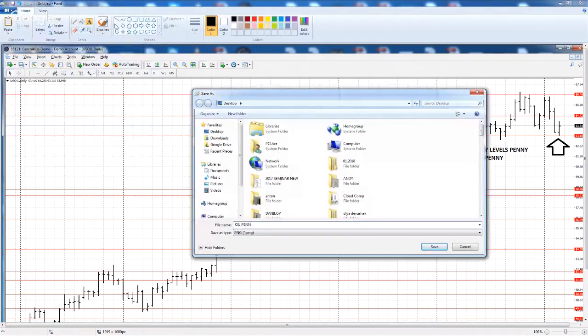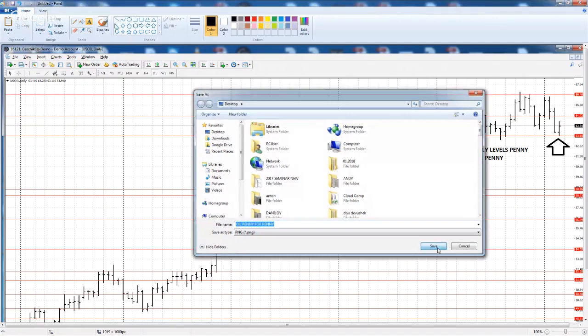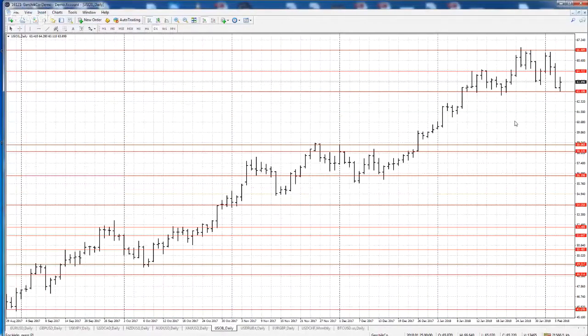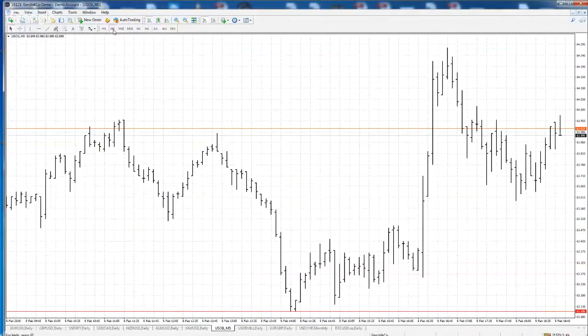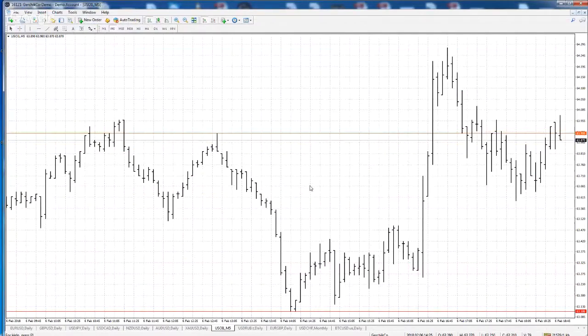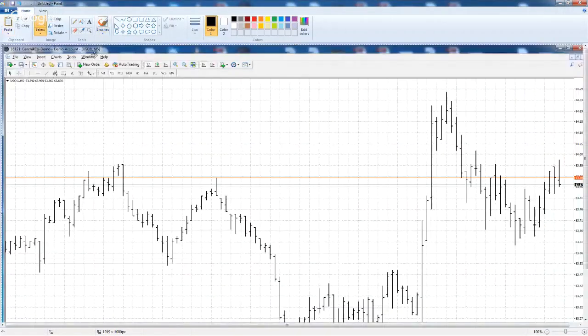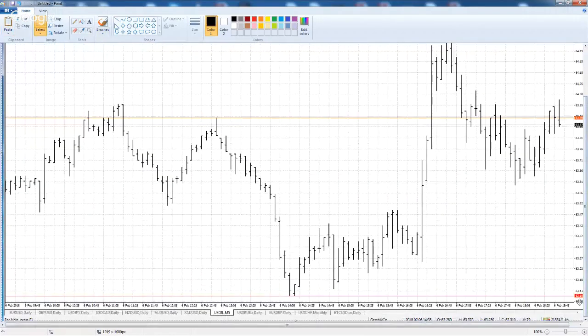Oil, penny for penny. That's a very important thing, where and how you draw the level. If you didn't put the right thing, okay, this is daily, we'll go on the 5-minute chart. Take a look, penny for penny. So we're gonna make print screen. And we're gonna go like this.